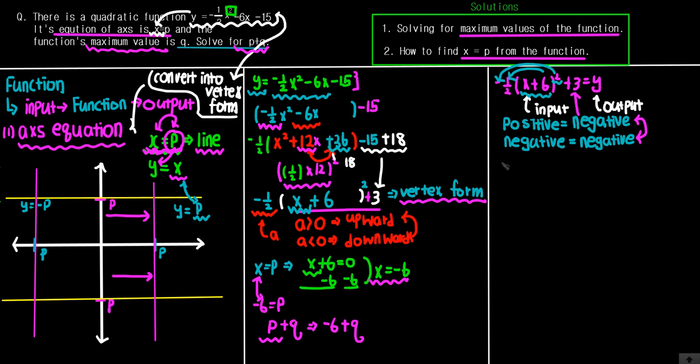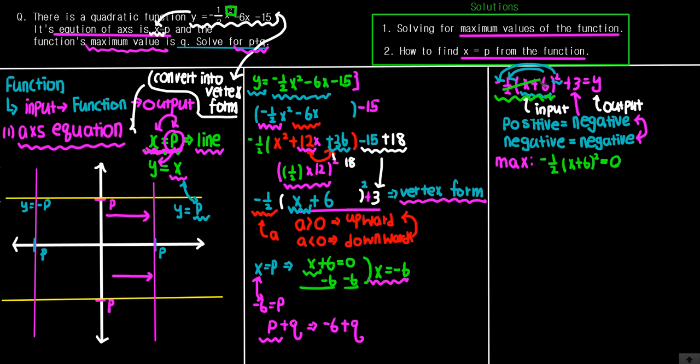So if you think about it, the maximum value of our function will be the value when this term is equal to 0. So the maximum point is when negative 1 over 2 times x plus 6 squared is equal to 0.